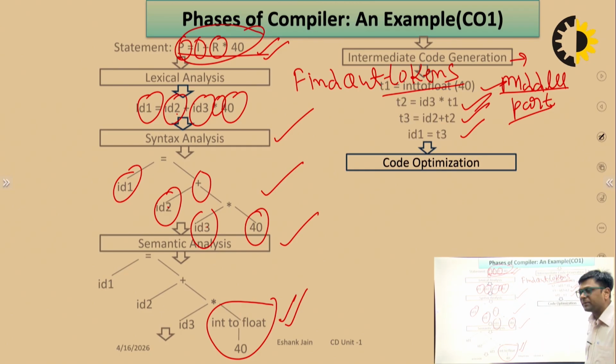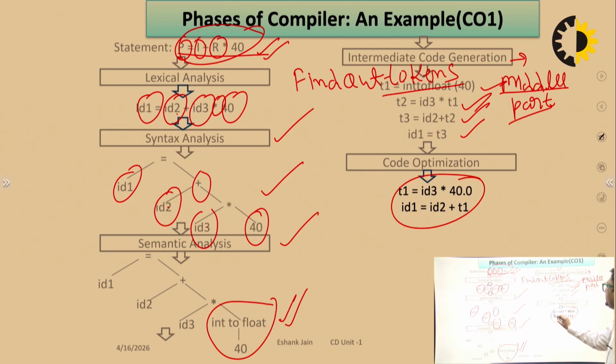Next is code optimization. It is also known as the optional phase. Code optimization means we reduce the number of lines or use some techniques so that the computation time of the entire process is reduced, due to some code replacement policies, like this: T1 equal to ID3 into 40 and ID1 equal to ID2 plus T1.